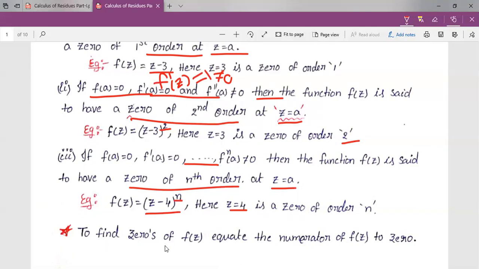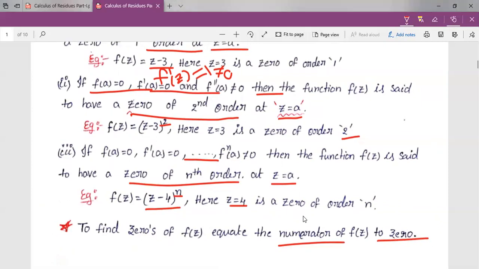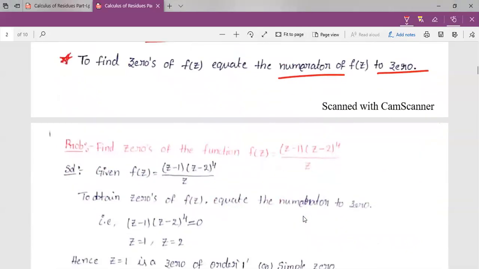To find zeros of f(z), we equate the numerator to 0, and we get the zeros of the given function.